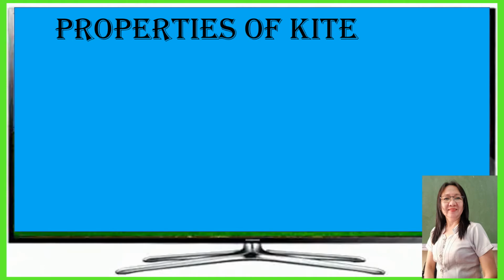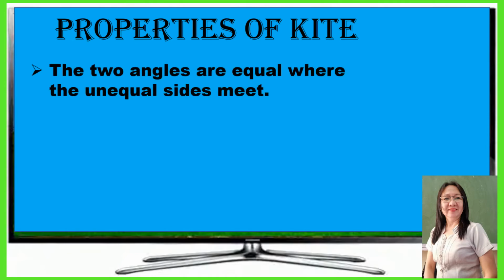Another among the properties of kite is that the two angles are equal where the unequal sides meet. Let us draw our kite and name this as kite MATE, where side MA is congruent to side AT, while side ME is congruent to side TE.